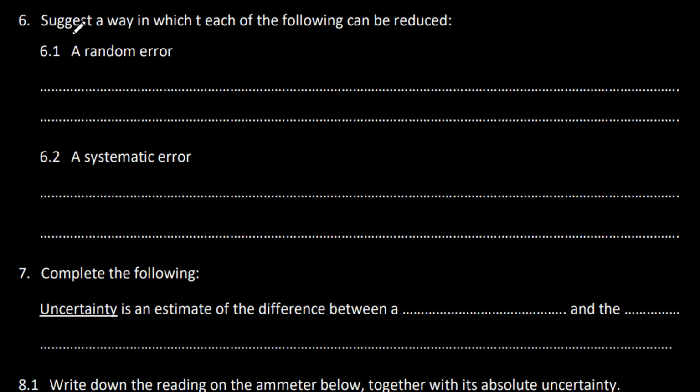In question 6, it says, suggest a way in which each of the following can be reduced. And in 6.1, a random error.